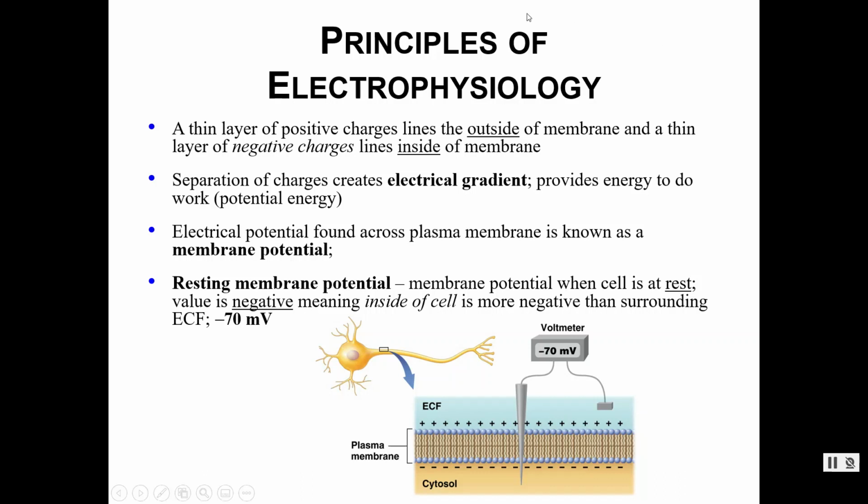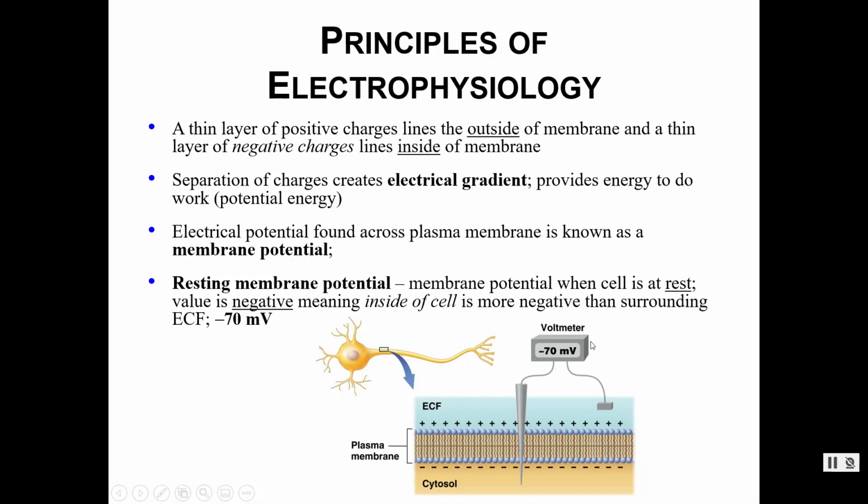At the plasma membrane of the neuron, or the neurolemma, we have a charge difference. Our resting membrane potential for neurons is approximately -70 millivolts. Hopefully you remember what our resting membrane potential value was for skeletal muscles. If not, look it up. I don't want you to get those two numbers confused.